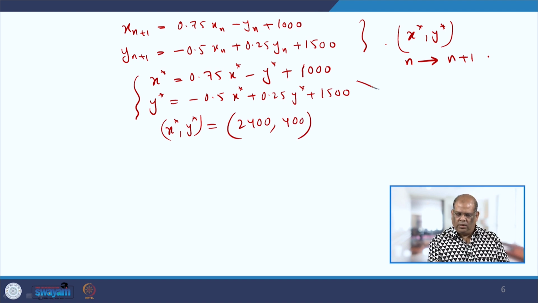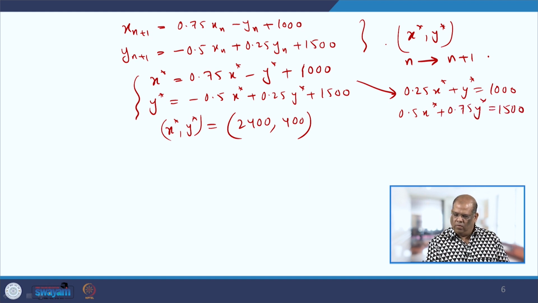All you have to do is simplify this. If I do that, I will get 0.25 x star plus y star equal to 1000 and 0.5 x star plus 0.75 y star equal to 1500.